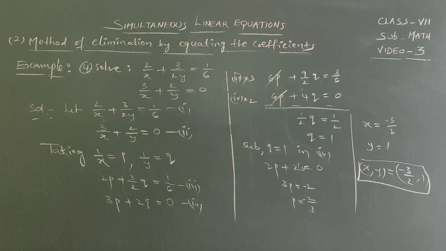Here coefficient of p is 2. In the fourth equation, coefficient of p is 3. That's why first equation we multiply with 3, and it becomes 6p plus 9q by 2 equal to 3 into 1 by 6, 3 by 6. And second equation by 2, 3 to 6, 2 to 4, and 0.